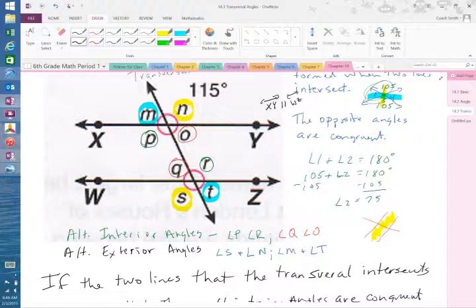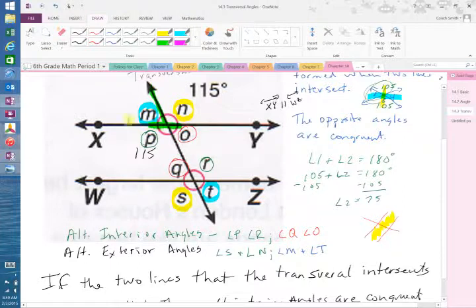They're vertical angles, so therefore they're congruent. So, angle P, I forget sometimes that I can carry my tablet with me, and I don't have to go back and forth. So that's 115.